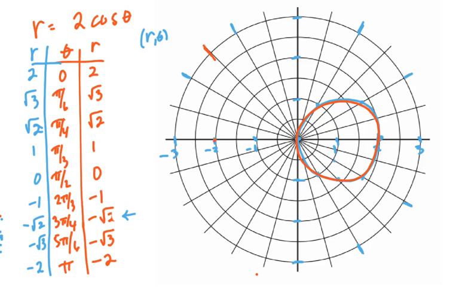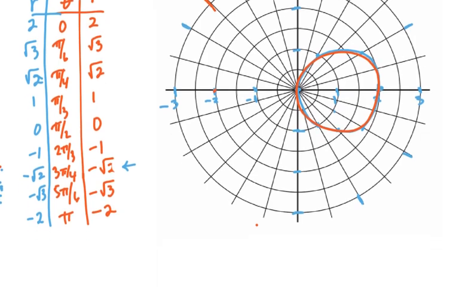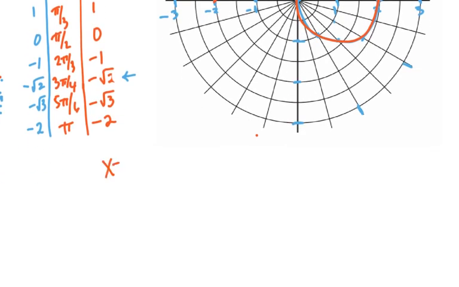So to convert it to a Cartesian equation, we're going to use the equations that we know, that x equals r cosine theta, and y equals r sine theta.